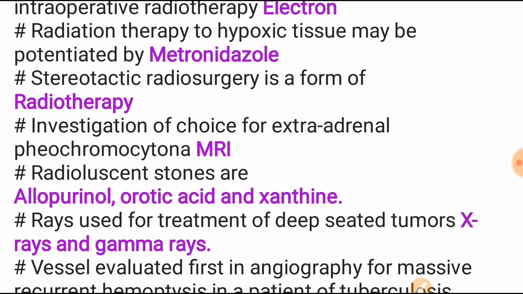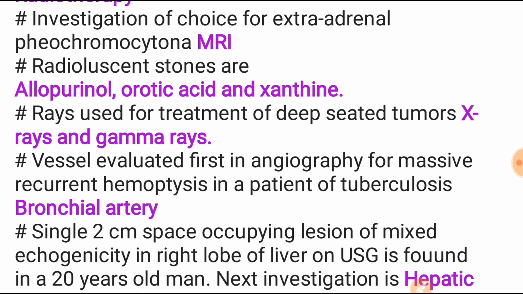Investigation of choice for extra-adrenal pheochromocytoma is MRI. Radiolucent stones will be allopurinol, orotic acid and xanthine stones, which are radiolucent. Ray used for treatment of deep-seated tumor: here the rays for deep-seated tumor will be X-rays and gamma rays.